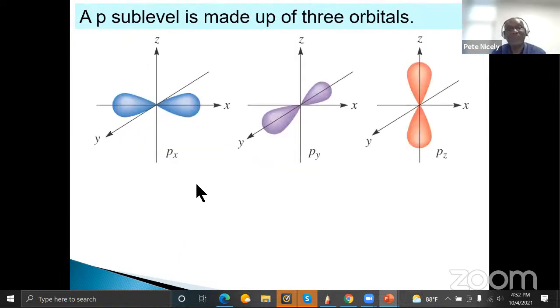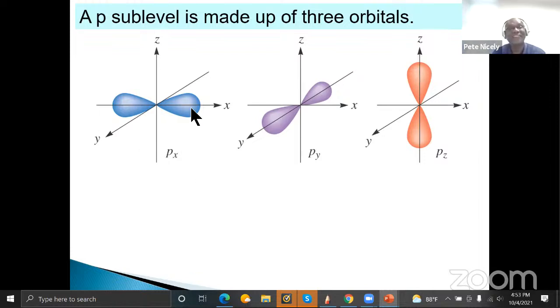Then when it comes to the p sublevel, it turns out that there are 3 orbitals, so they are called p orbitals. And they have a particular unique orientation. As you can see here, the p orbitals are arranged such that their axes are aligned with the axes of the 3-dimensional Cartesian system, which I'm quite sure you're familiar with from your previous math experience.